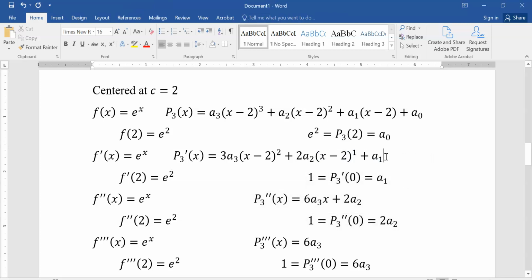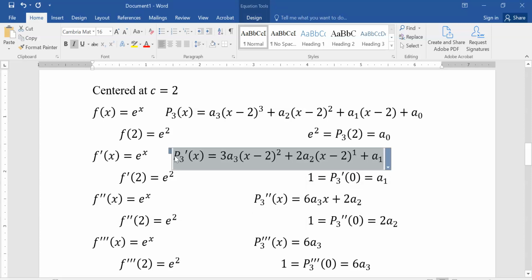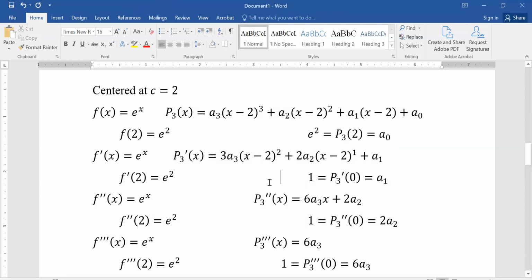So you get that as your first derivative. And this means that when you plug in 2, e squared is what you should get. When you plug in 2 to your first derivative, this shows that a1 has to be e squared.